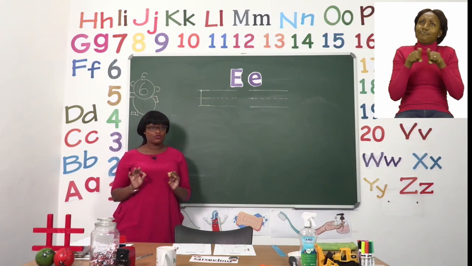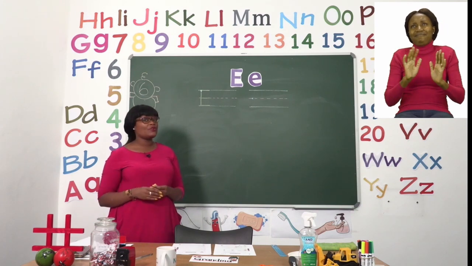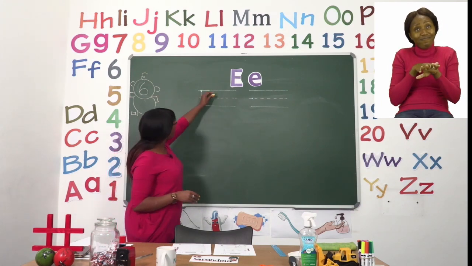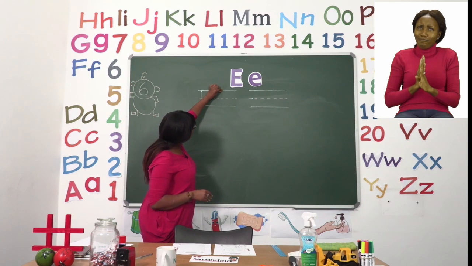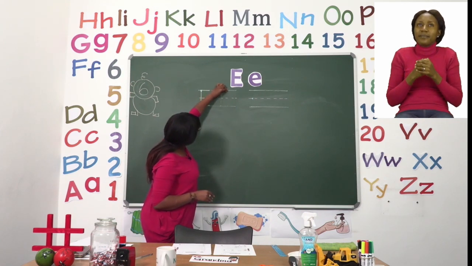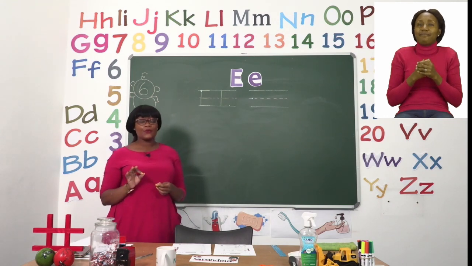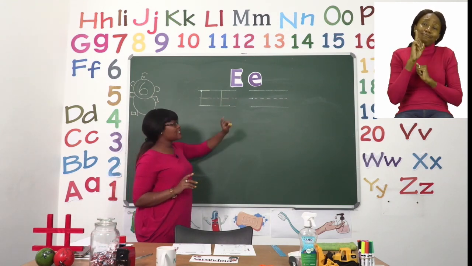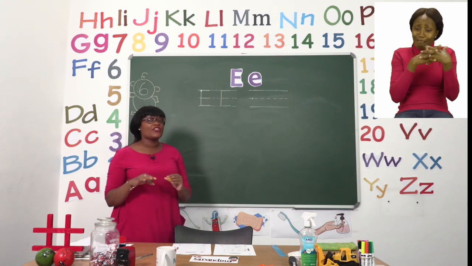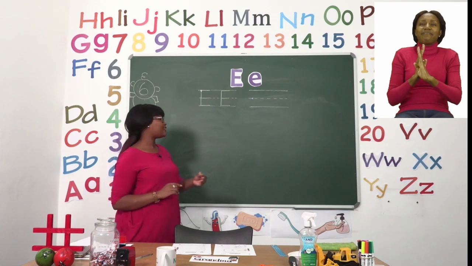Take your time when you're tracing, and when you're writing, be careful on when your lines finish. Let's try again. We're going to go down, then we have our first line across, second line across, and third line across. Now be very careful with your second line, because if you can see clearly, it is on the dotted line. So make sure that it is also on the dotted line.